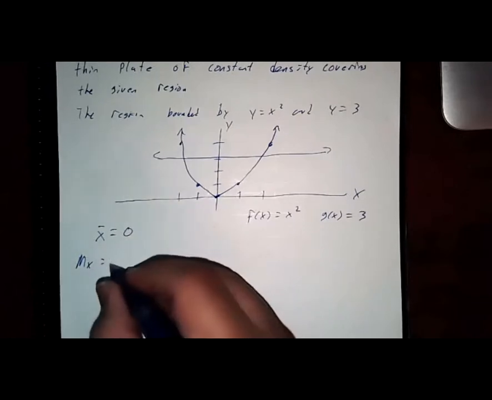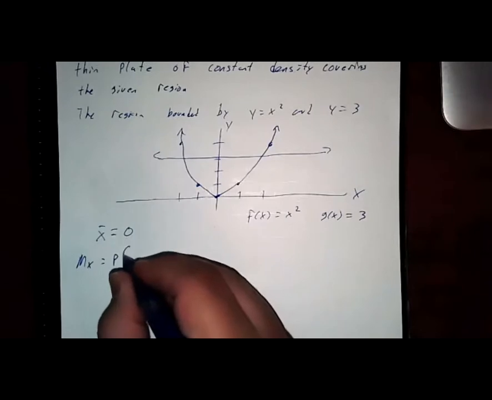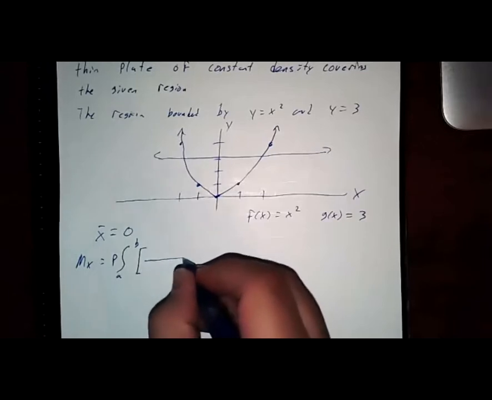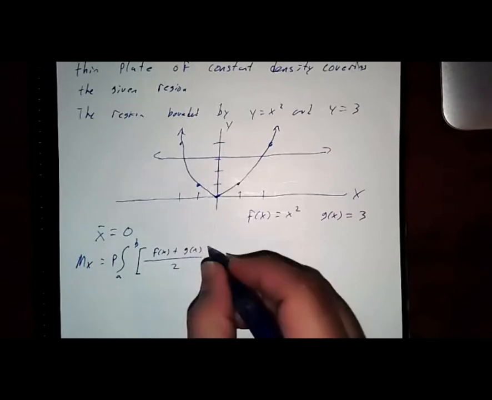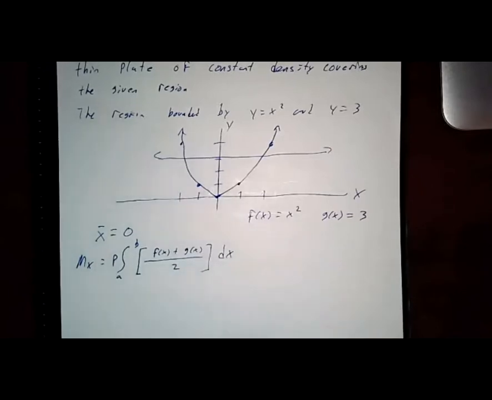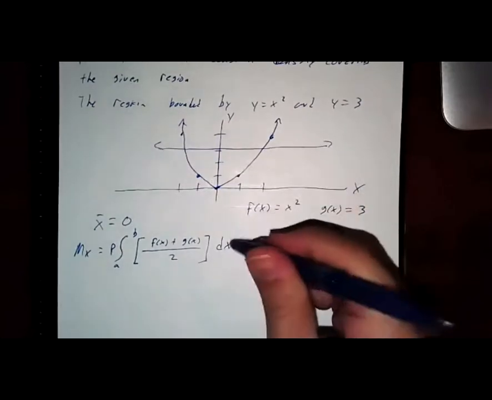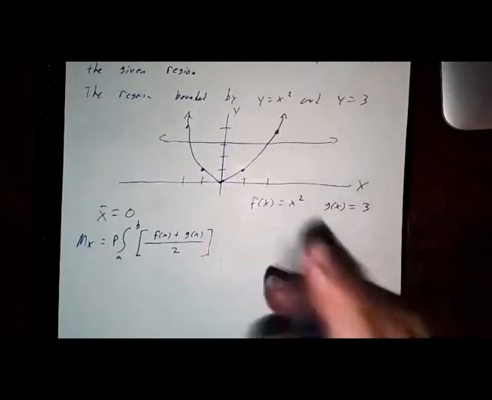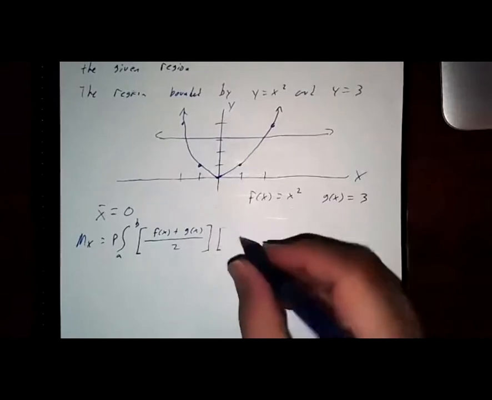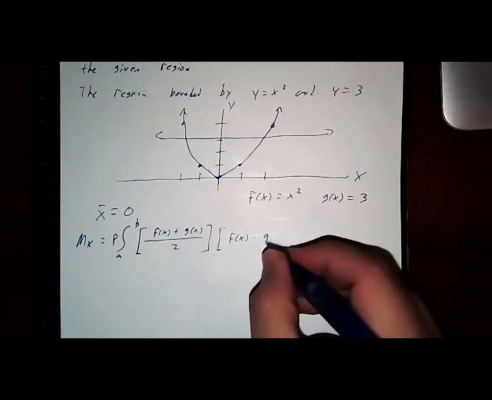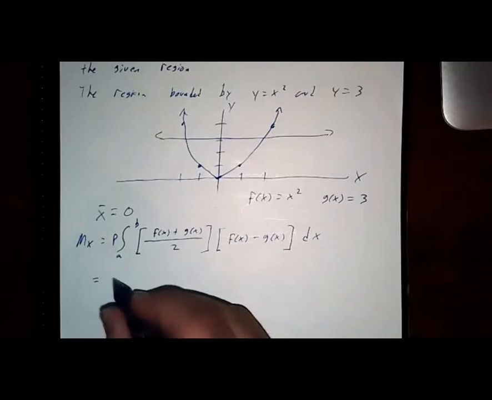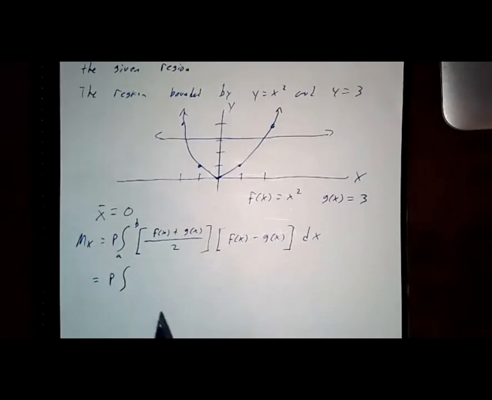It's going to be p or rho, I forget what the book calls it, integral from a to b of f of x plus g of x over 2 dx times, I forget, times f minus g.